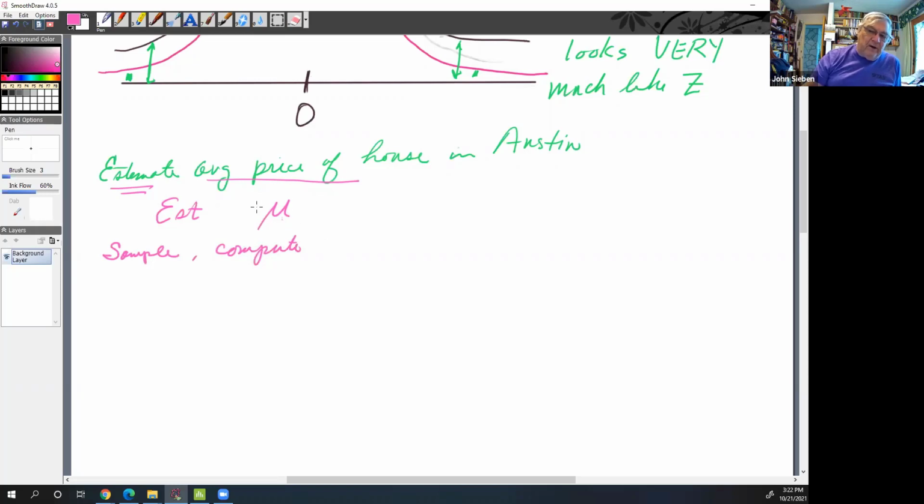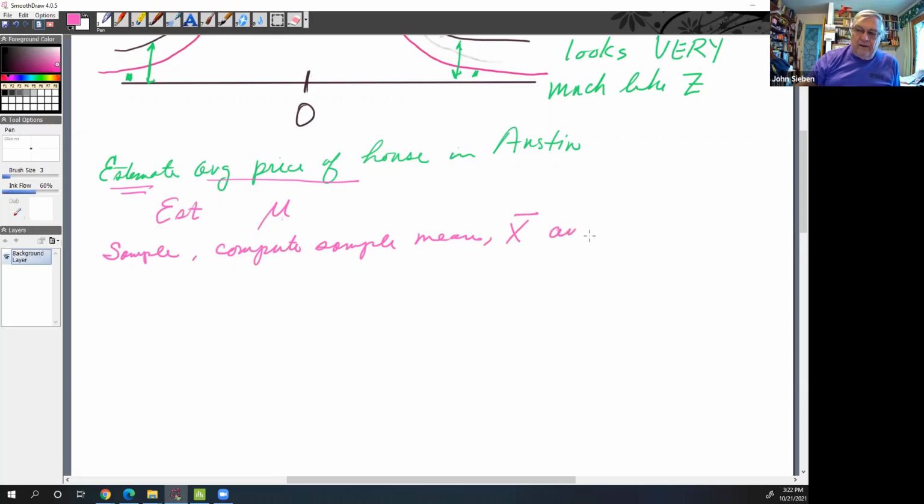I want to estimate the population mean. I can't compute that directly because I don't know all prices of houses in Austin, but I can compute the sample mean, which is X bar.